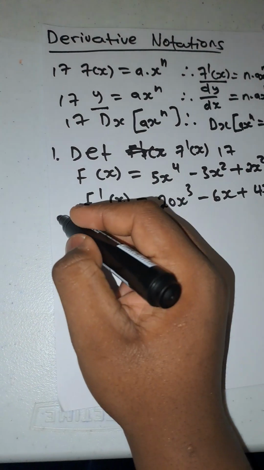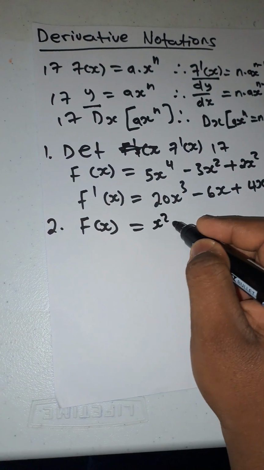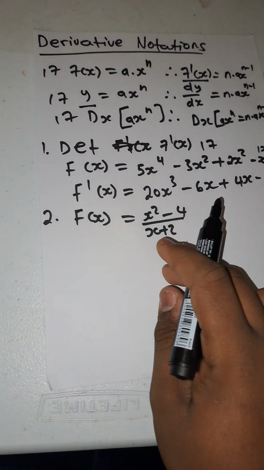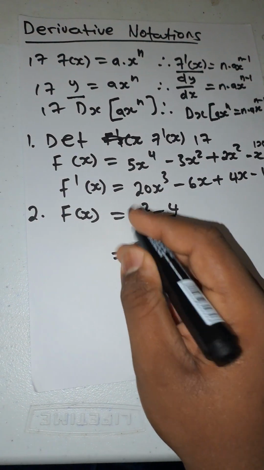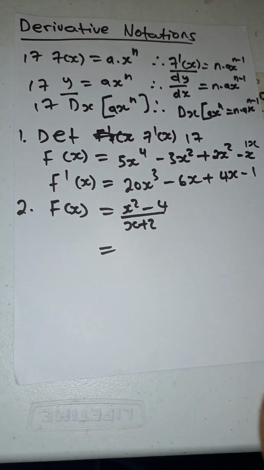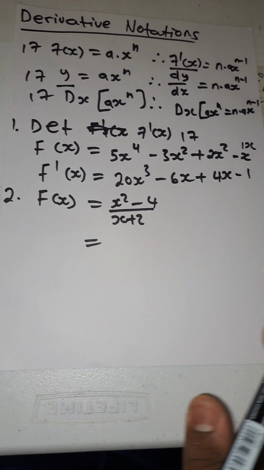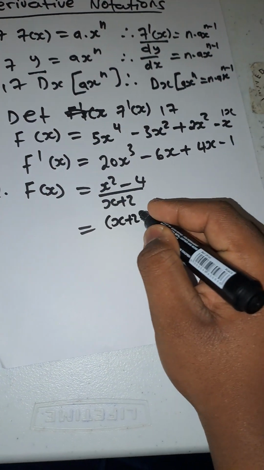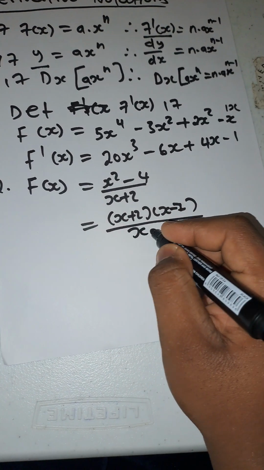Now let's go to the second example. Number 2, you can have f of x is equal to x squared minus 4 over x plus 2. Since this is a fraction and I must make this a linear thing, I must continue doing the work under f of x. In my numerator I have a difference of 2 squares, so it will be x plus 2 times x minus 2 over x plus 2.